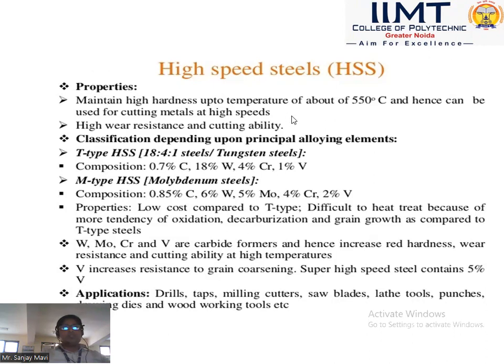If we classify these further, these are T type HSS, in which tungsten is the main alloying element. Others are M type. In this HSS, molybdenum is the main alloying element.